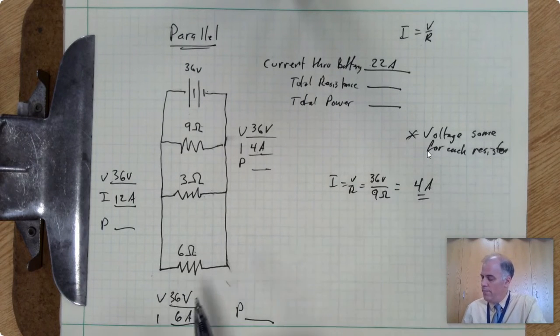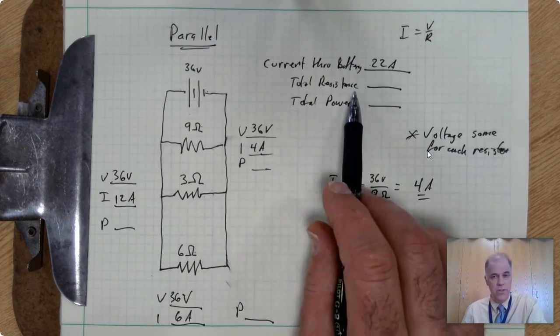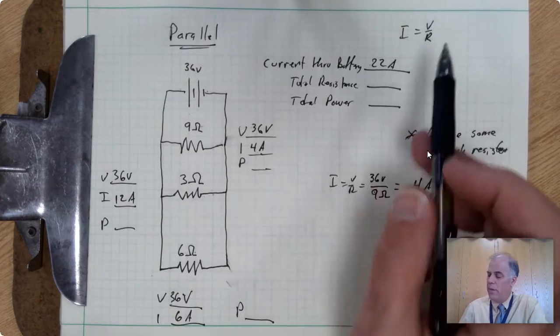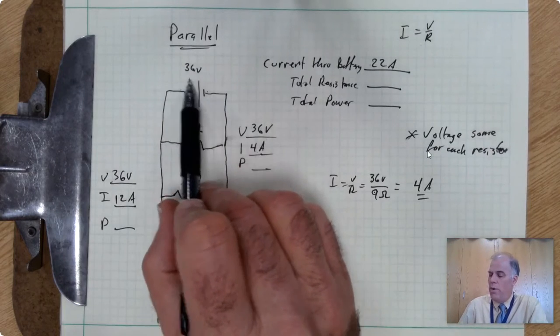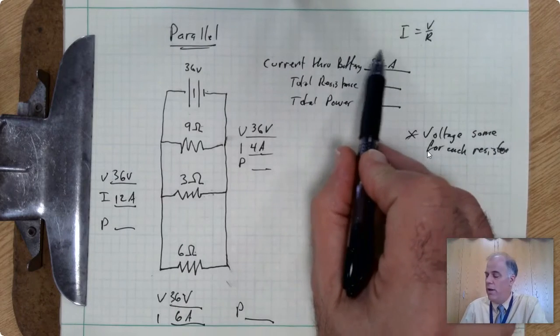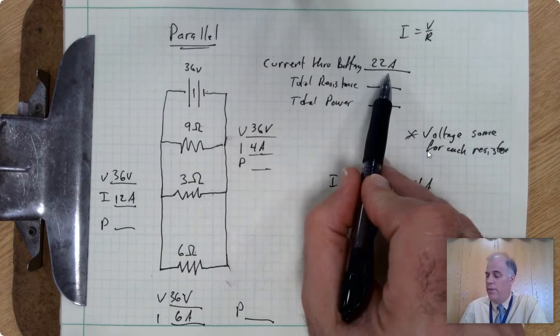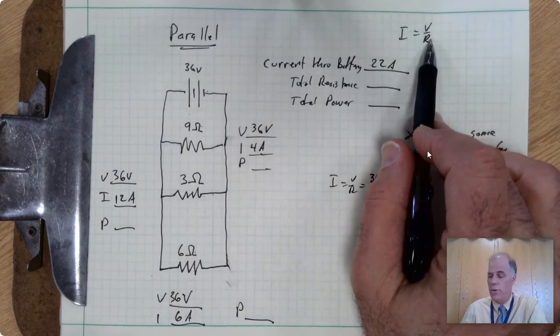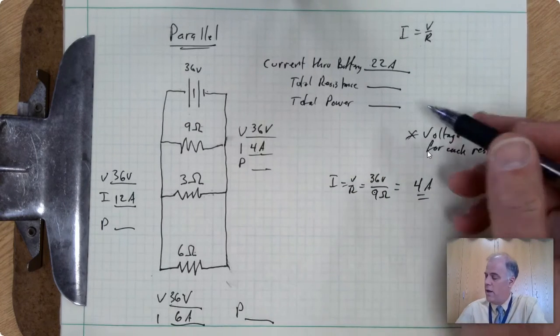Now, for the total resistance, we again use Ohm's law because now we know the voltage of the battery and we know how much current it's able to push. And the relationship between these two will reveal what the resistance is, the resistance that the battery is encountering.